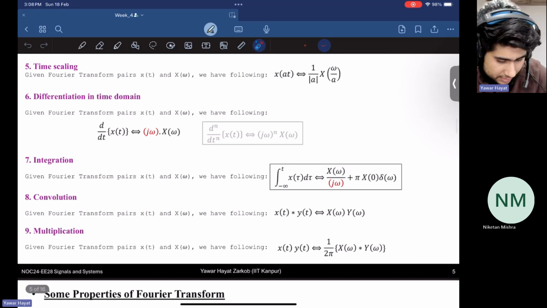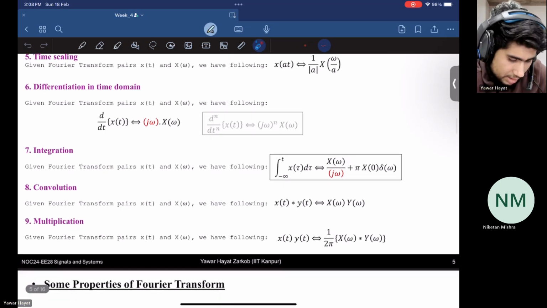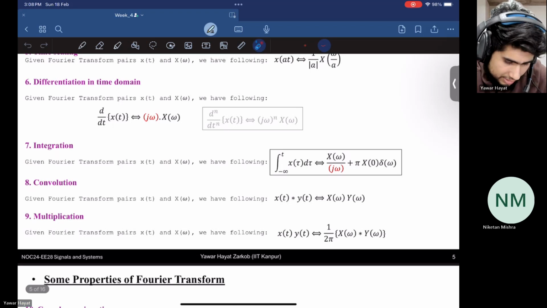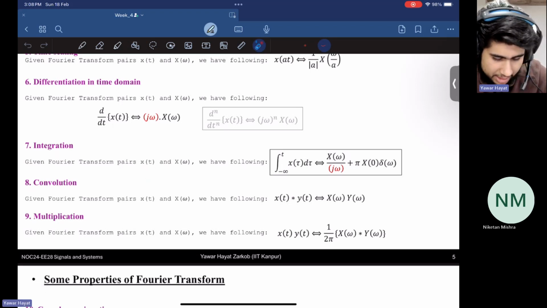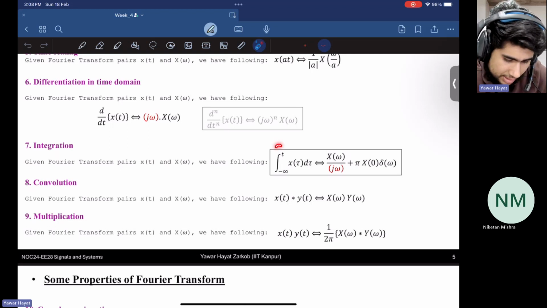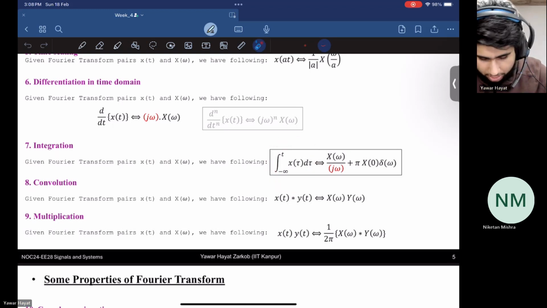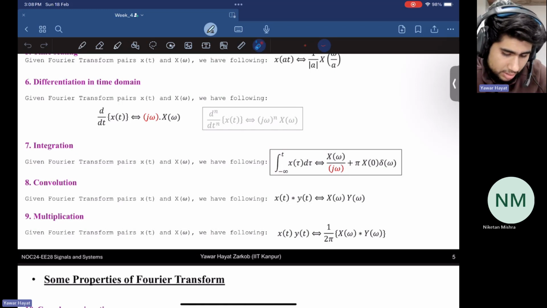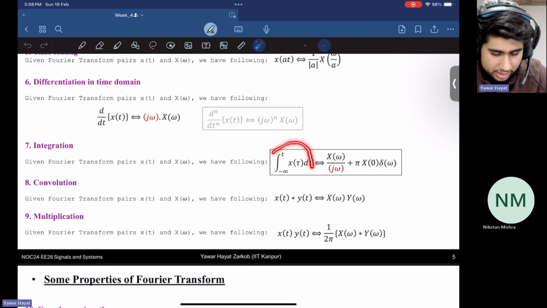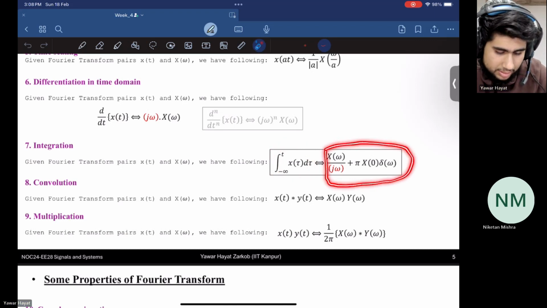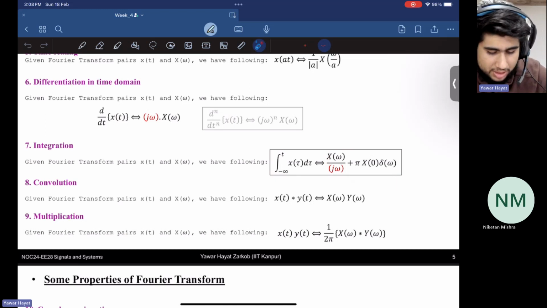And then we have the integration property, which states that if x of t is a time domain signal, then for this integral from minus infinity to t of x of tau d tau, the Fourier transform of this particular signal is given by this, right? X of omega by j omega plus pi x of 0 delta of omega.